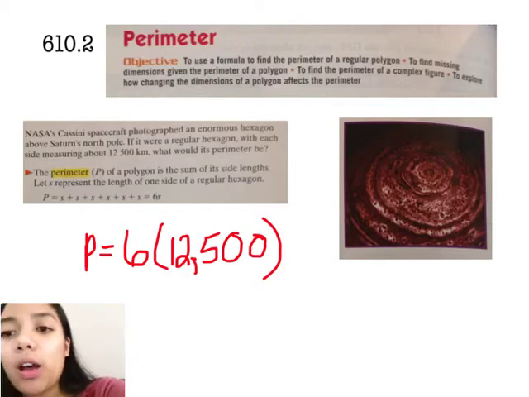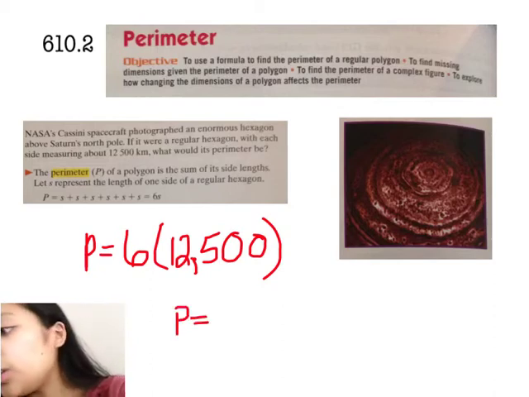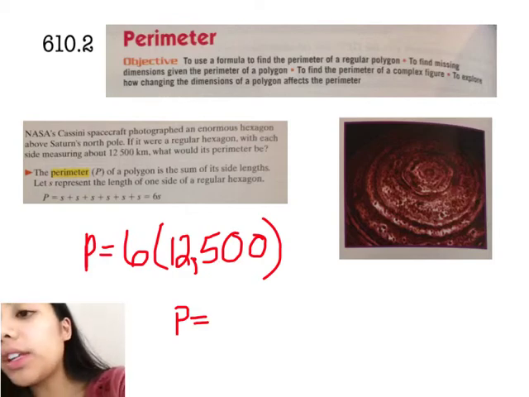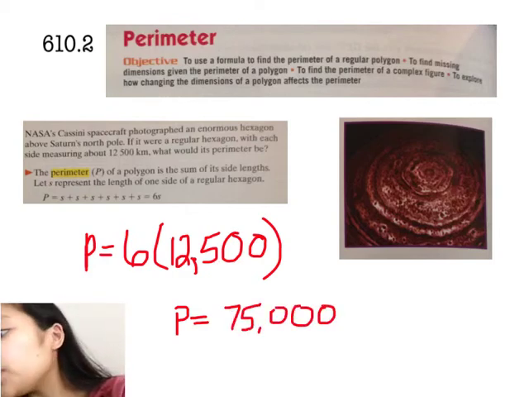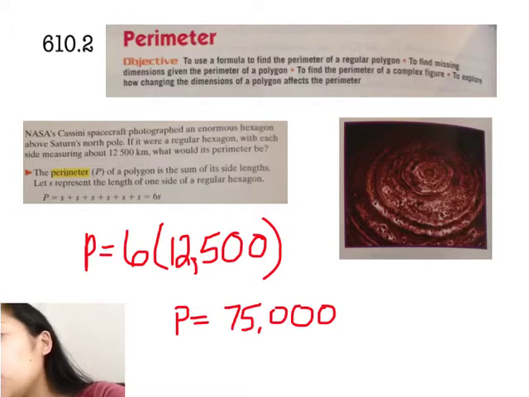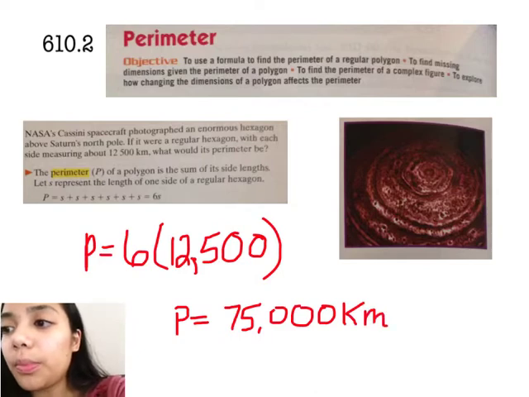Go ahead and pause the video and multiply it out. You should get 75,000. So my perimeter is 75,000 kilometers. Pretty easy.